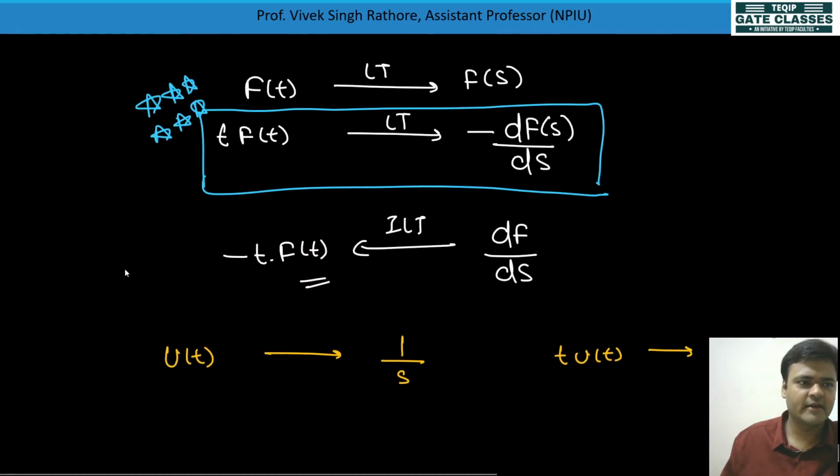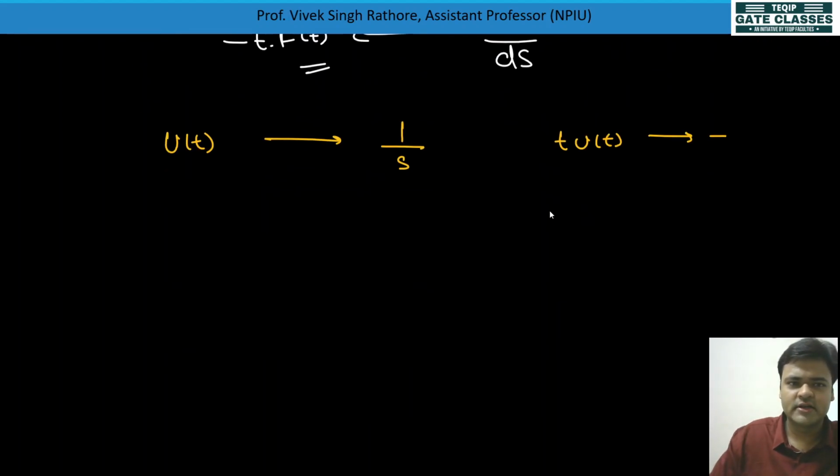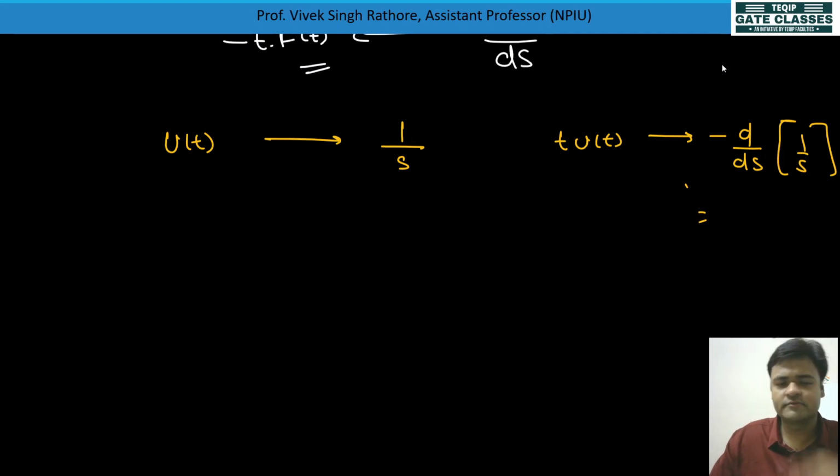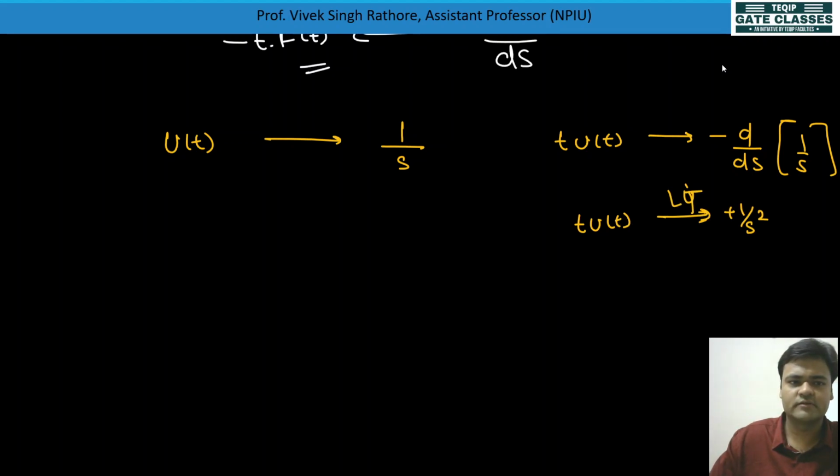So minus d by ds of 1 by s, which gives minus of minus 1 by s square, so plus 1 by s square. This is the Laplace transform of t into u of t. This is important.